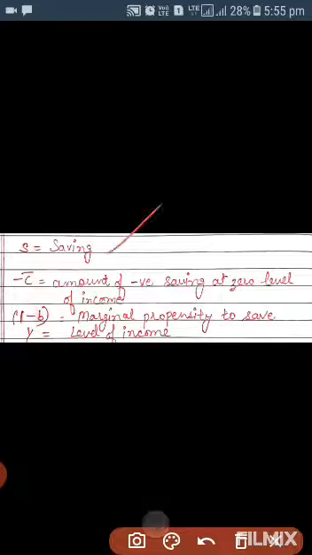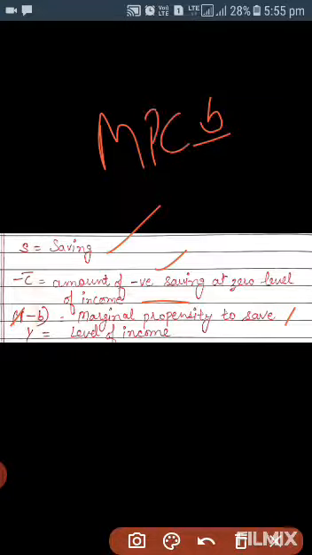S is saving, we already know, and minus C bar is the amount of negative saving at a zero level of income; it is autonomous consumption in the consumption function, and here it is negative saving. 1 - b is the marginal propensity to save, because b is representing MPC, and Y is obviously the level of income.